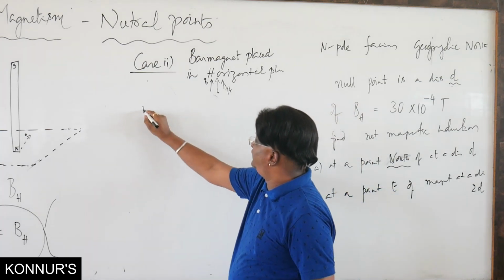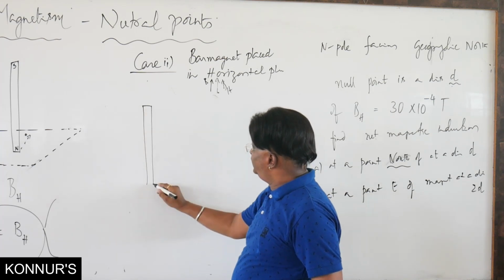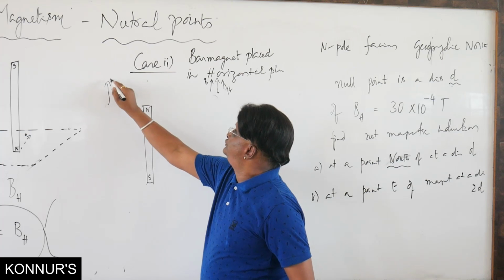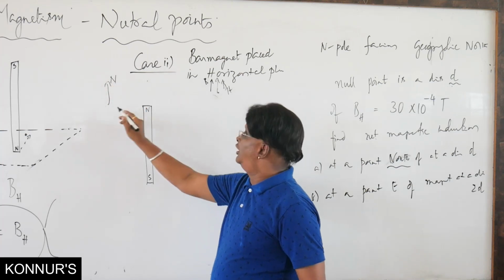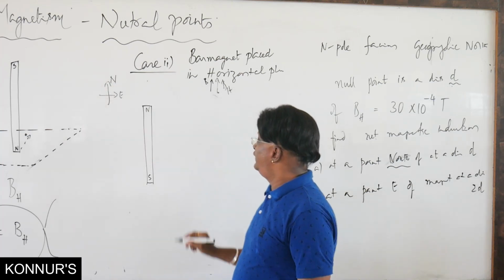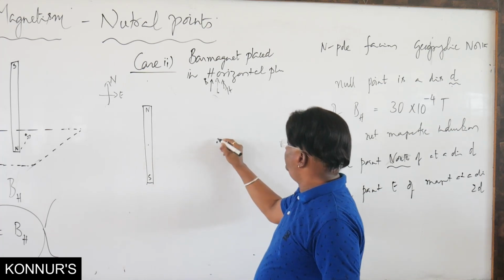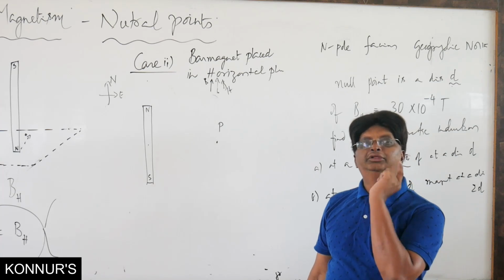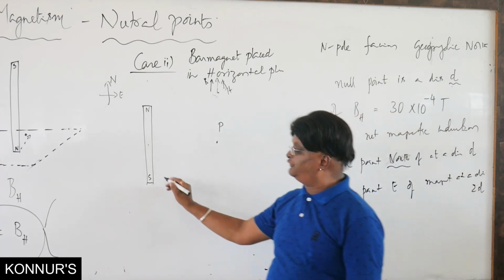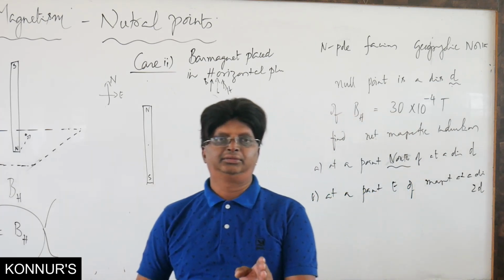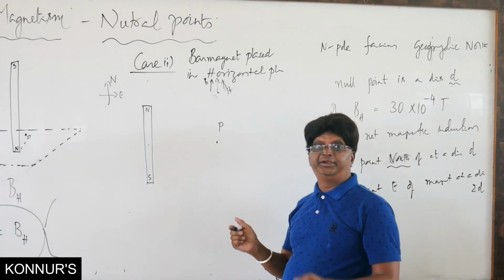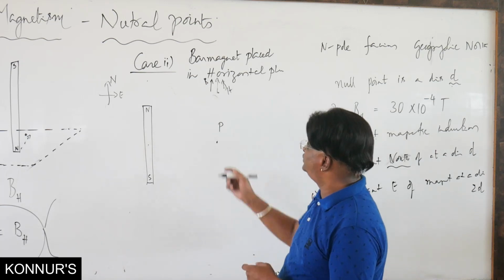Now this is the given example. Suppose the magnet is placed like this, with the north pole and south pole towards the geographic north. Now he says P is a null point. Now the question is: if the magnet is turned by 90 degrees, what will be the net magnetic induction at the same point P, the point of observation?